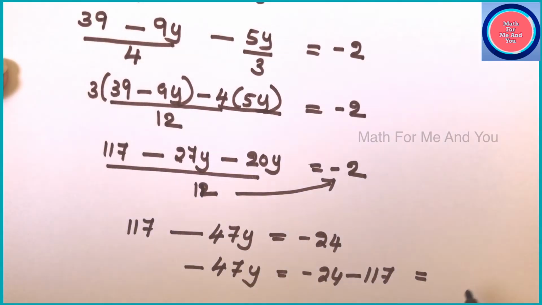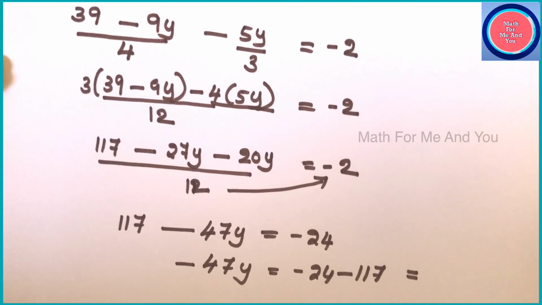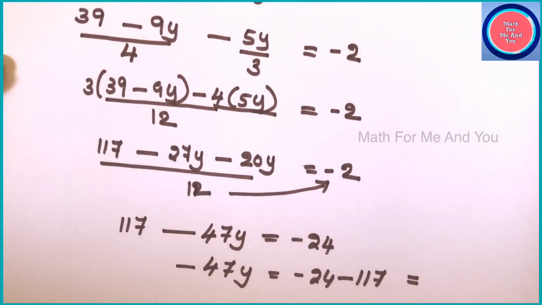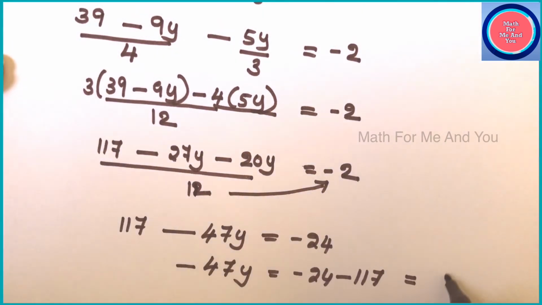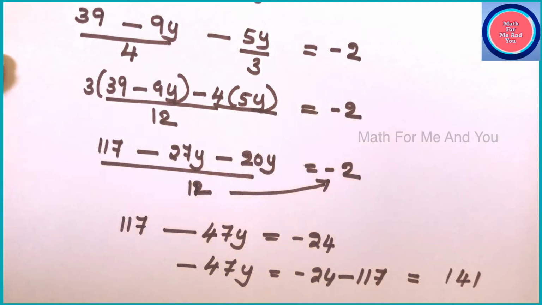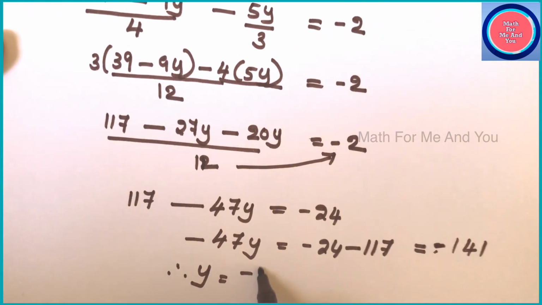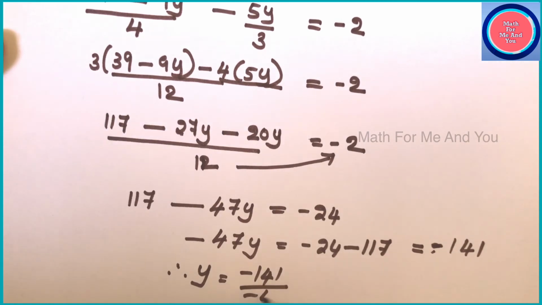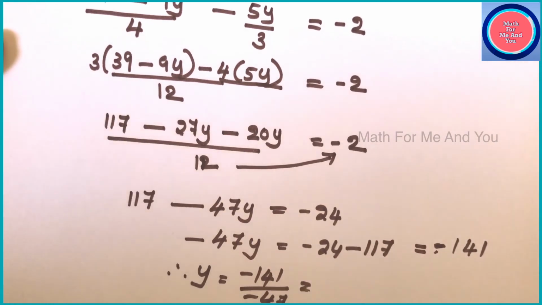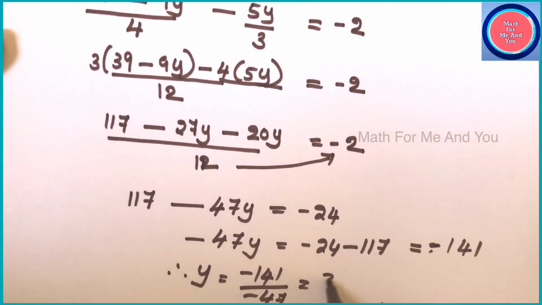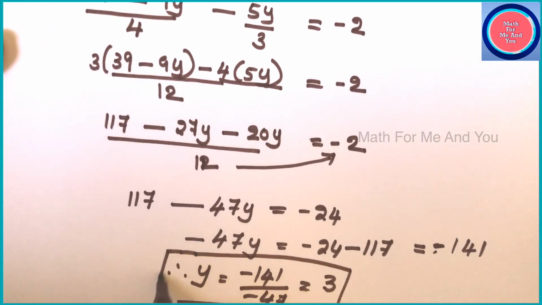It is 117 plus 24 we do, and since both are negative numbers, it is minus 141. Minus 47y equals minus 141. So what is y? Minus 141 over minus 47. After cancelling, we get y equals 3. The value of y we got is 3.